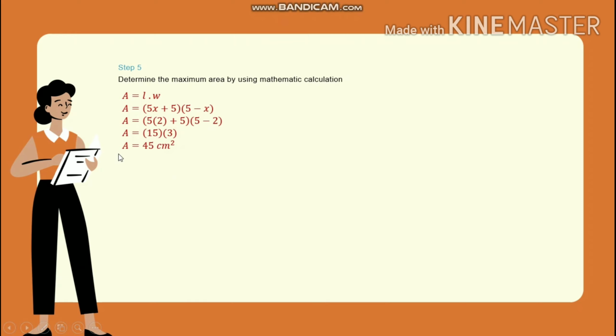And we can get the area of the rectangle is 45 centimeters square. Step 6. From the step, we find the value of x equal to 2, so the maximum area of the rectangle is 45 centimeters square.